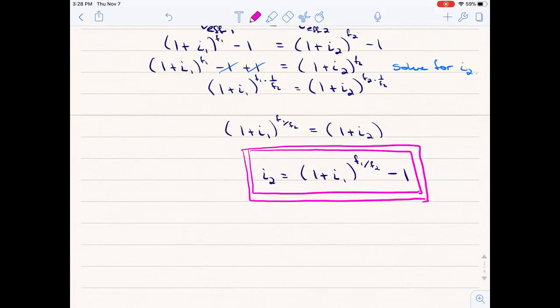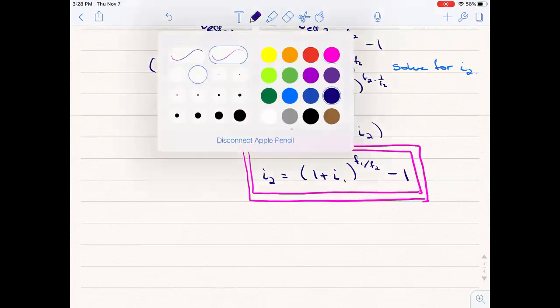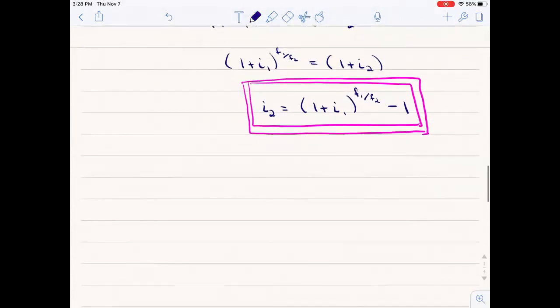Not much has changed, except in the beginning, we have to start by not just finding the periodic interest rate, but also maybe the revised periodic interest rate, or I2, if we have to adjust our compoundings to match our payment frequencies. So this one's going to be important.